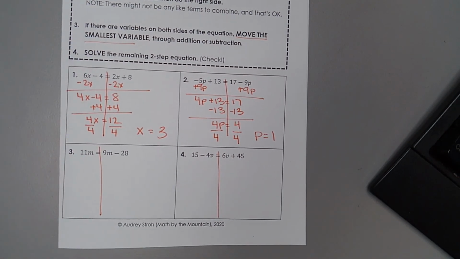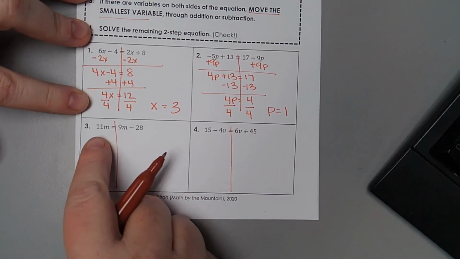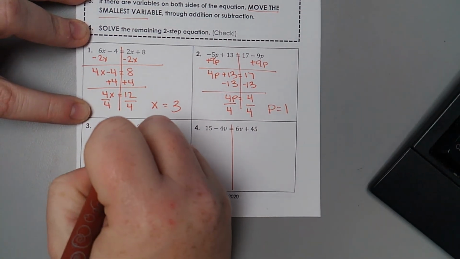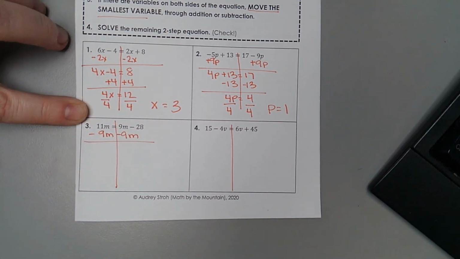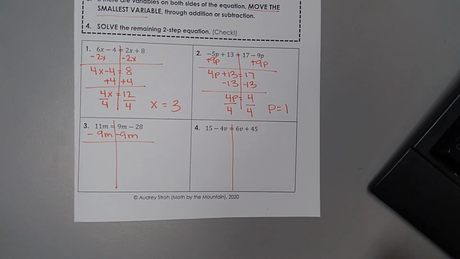For all the rest of the problems, I'm going to leave it once it gets to a two-step problem or a one-step problem, and then you can do the last step by yourself if you have not completed it. So for number 3, 9 is smaller than 11, so I'm going to subtract that. Also, notice how I'm writing the problem, whatever I'm doing, under the same kind of term.